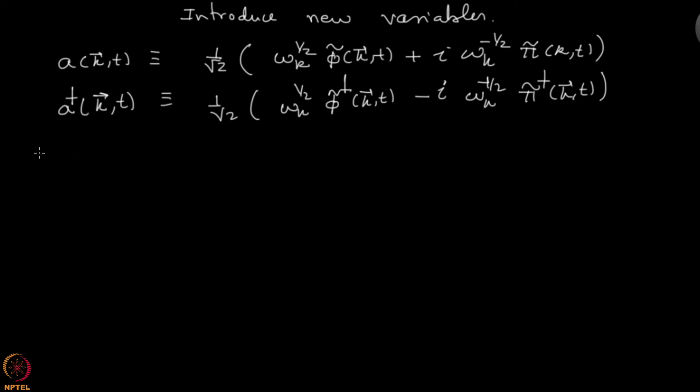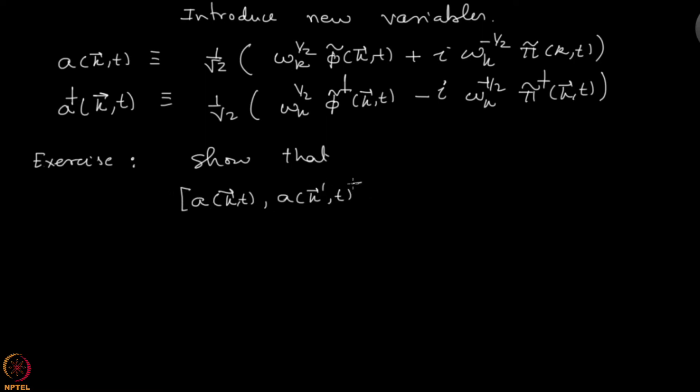Now it's easy to show the following, and I leave this as an exercise for you. Show that if you take this operator a_k and a_k prime, the commutation relation will vanish. Similarly, if you look at a dagger k,t and a dagger k prime,t, that commutator will also vanish.